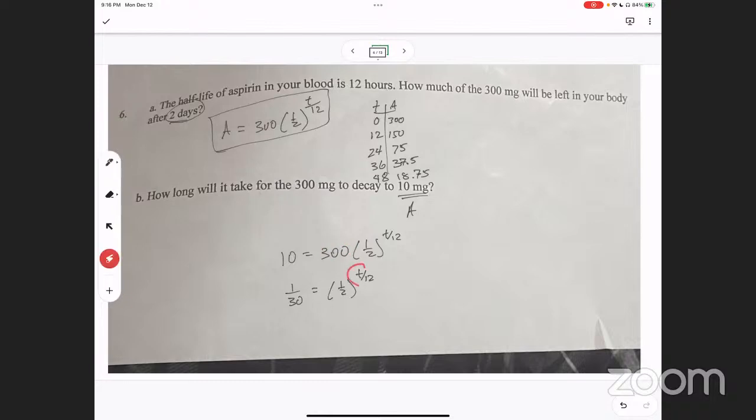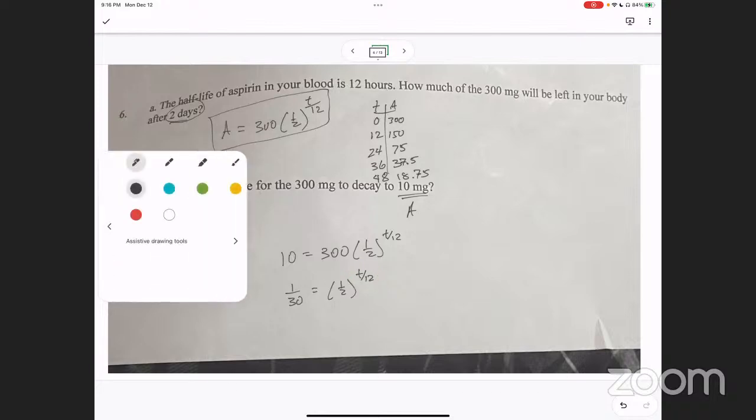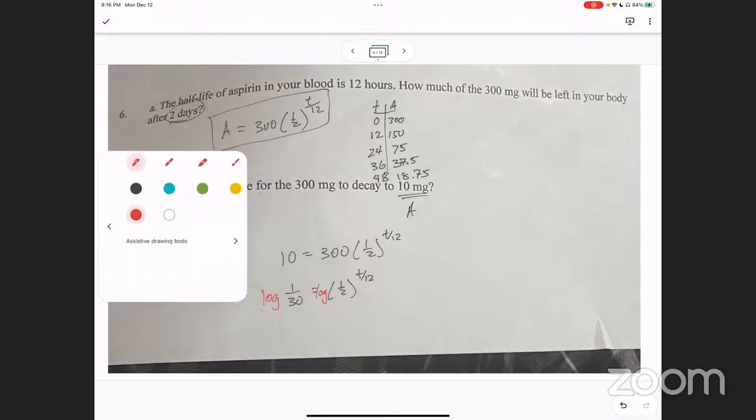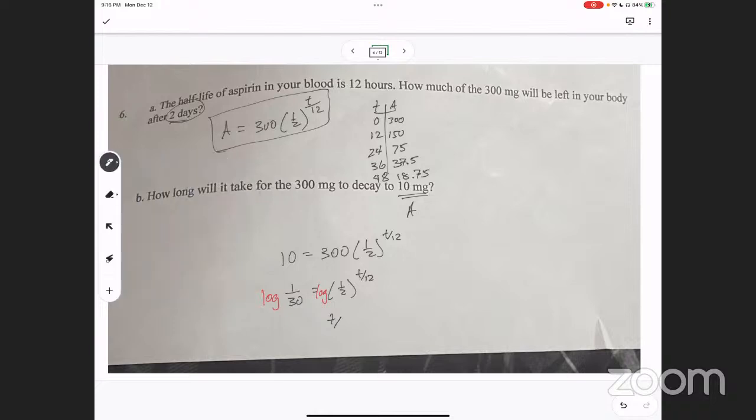How do I get a variable out of an exponent? I take the log of both sides, right? Because that allows me to write it as T over 12 times the log of 1/2 equals the log of 1/30.